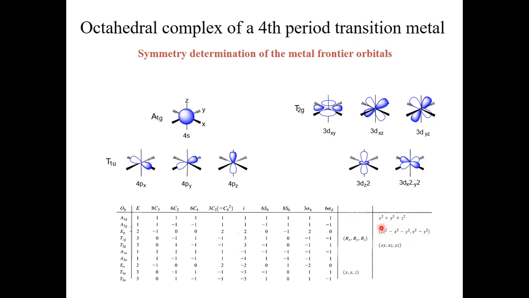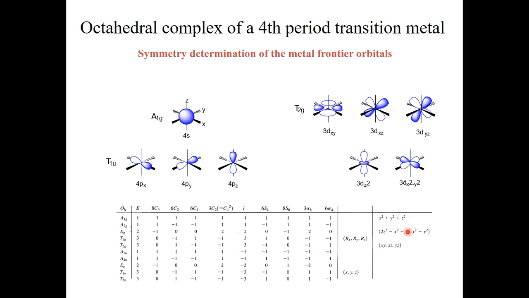The 3dz² you see in the form of this formula here, 2z² − x² − y². Remember, that is the mathematical form of a cone. And remember that 3dx²−y² has conical nodes.